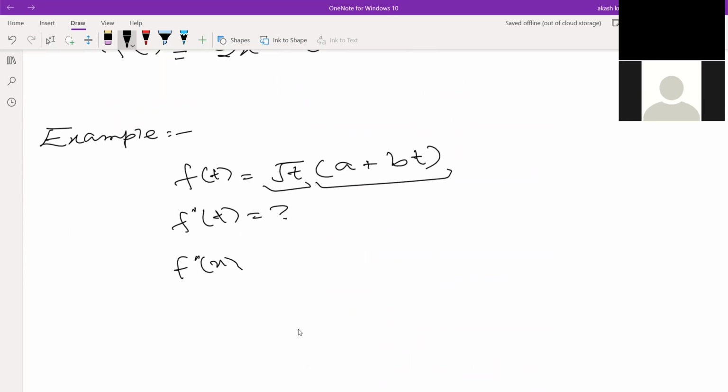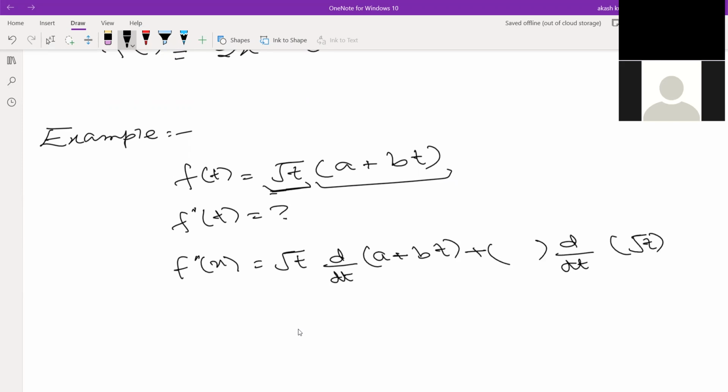So f dash of t will be keeping this function as it is, square root t, and we'll differentiate the second one, so it will become d/dt of a plus bt, and then there will be a plus sign, d/dt of square root of t, plus a plus bt as it is.